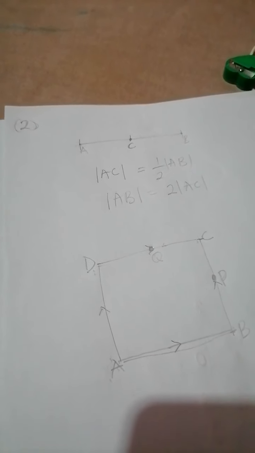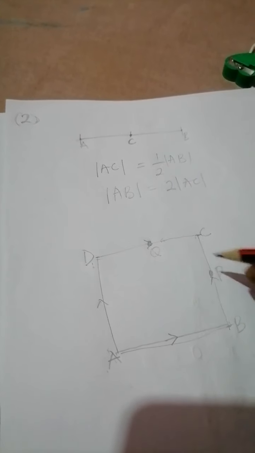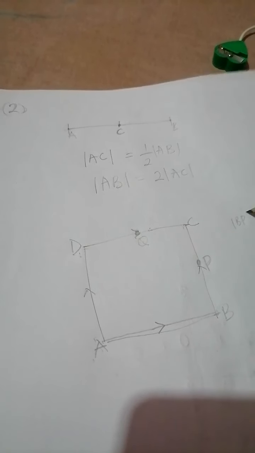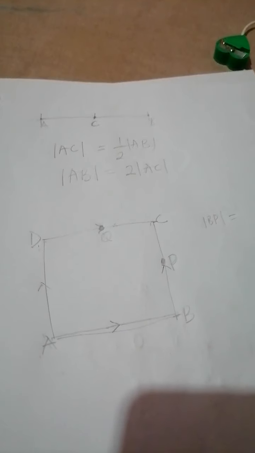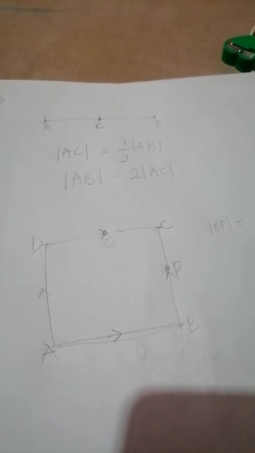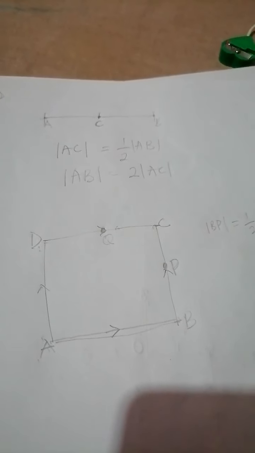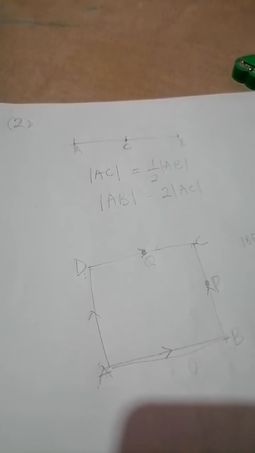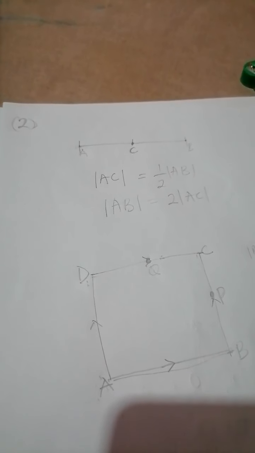Given that P divides BC, it means that the line BP is equal to half of the line BC. You will probably use this somewhere, so put it down.